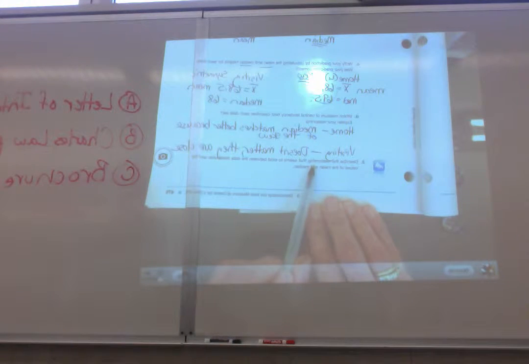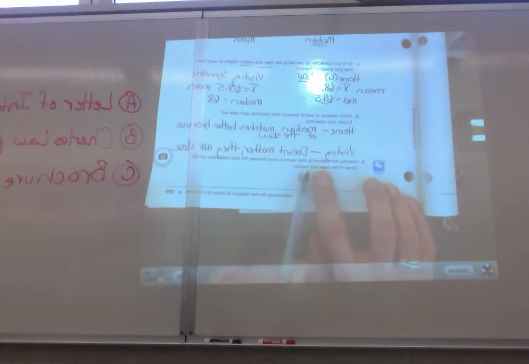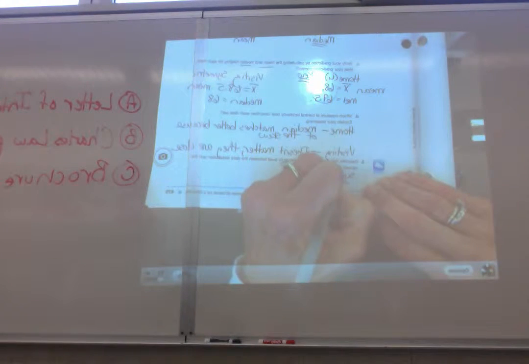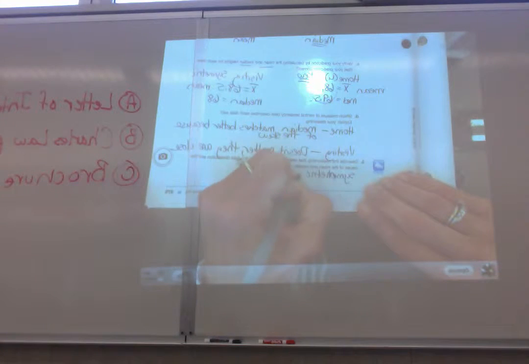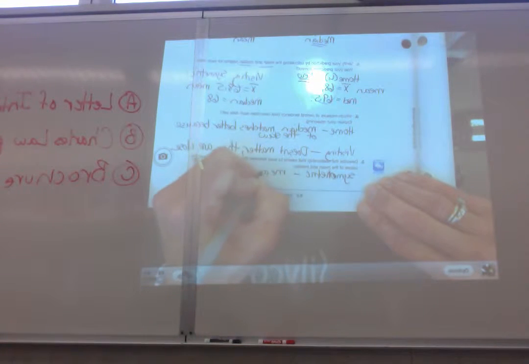Describe the relationship that seems to exist between the data distribution and the values of the mean and median. Okay, so when it's symmetric, what do you notice about mean and median? Symmetric. Mean and median close.